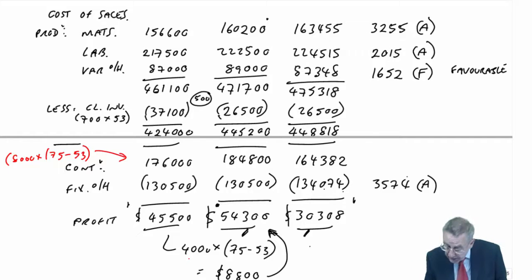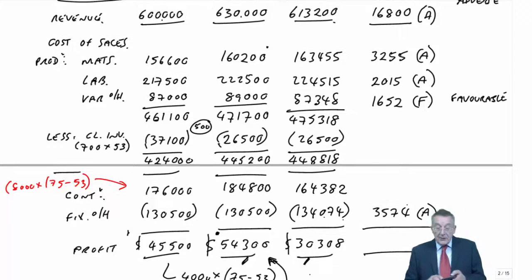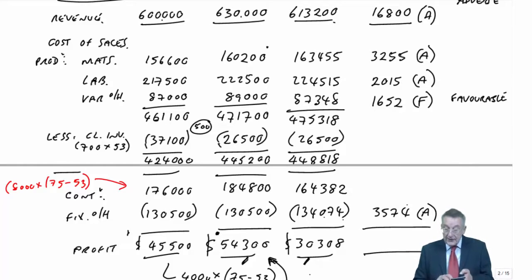And just as a double check, if I add up the variances, there was 16,800 adverse, plus 3,255 adverse, plus 2,015 adverse, minus 1,652 favourable, plus 3,574 adverse.